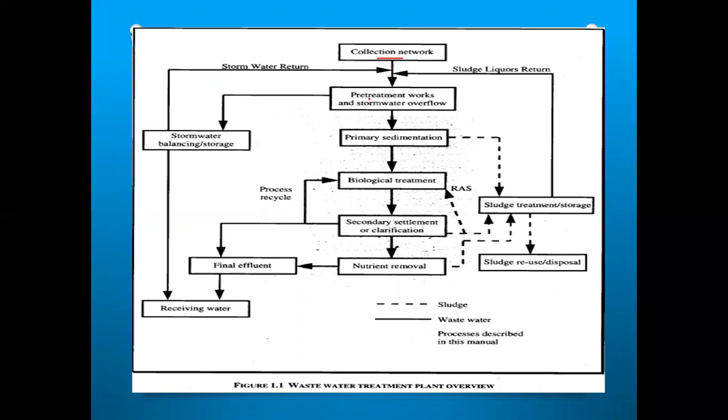From here, the pre-treatment works and storm flow takes place. Then it goes to the primary sedimentation, and from here to the biological treatment, that is the secondary treatment or clarification process. Some of the solid materials pass into the activated sludge treatment process.